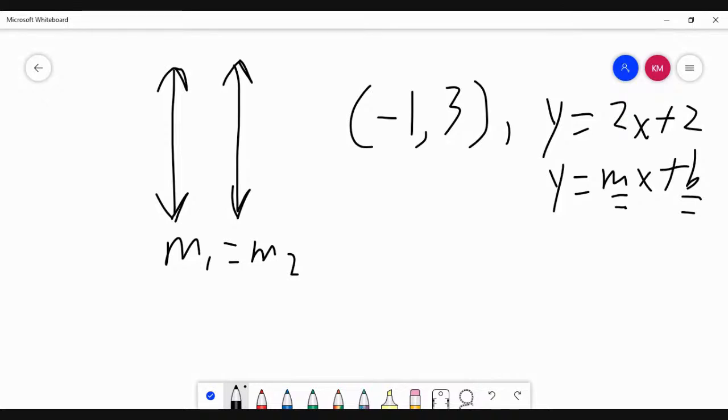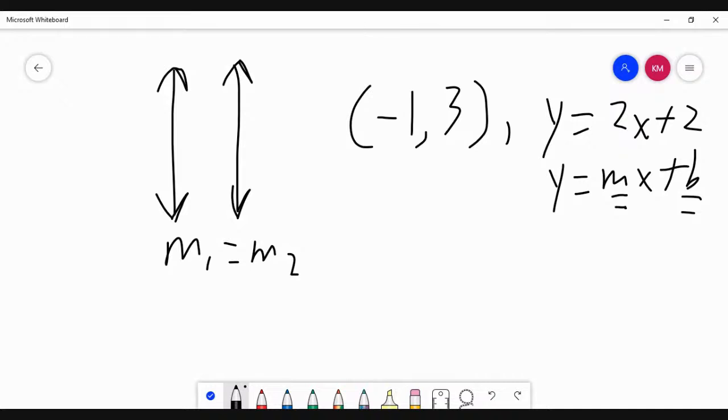So now we are given a line. What you are trying to find is another line parallel to this line, and the point -1, 3 is on the parallel line. So how do I write the equation and find the parallel line to y equals 2x plus 2?